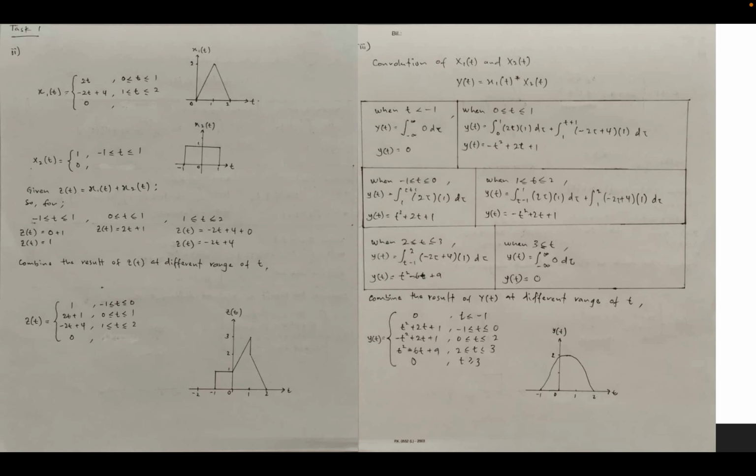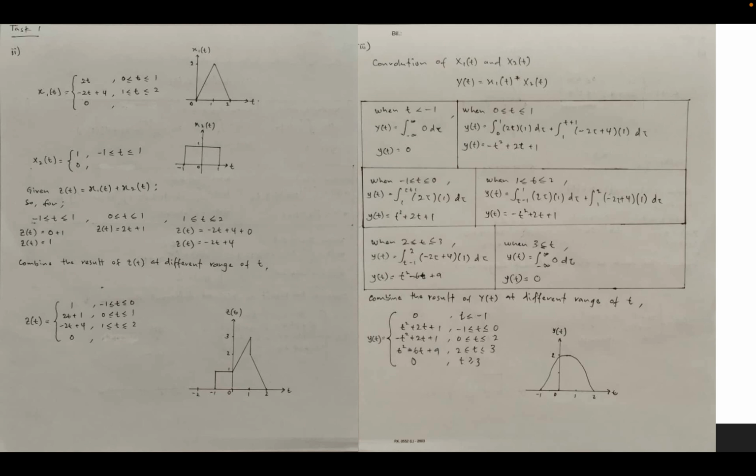Next, x2(t) is equal to 1. z(t) equals 2t plus 1, and z(t) equals minus 2t plus 4 plus 0, so z(t) is equal to minus 2t plus 4. So we combine the result of z(t) at the different ranges of t.